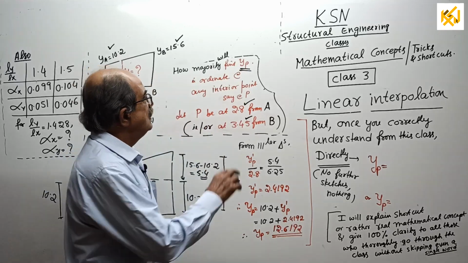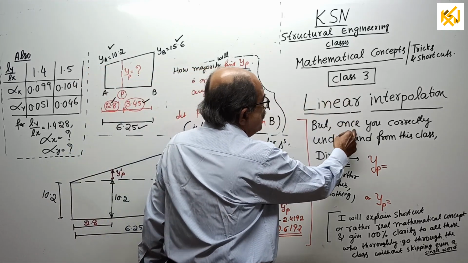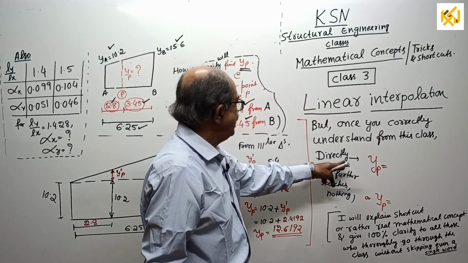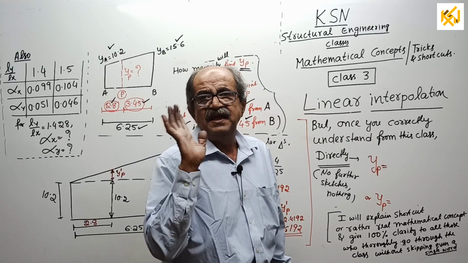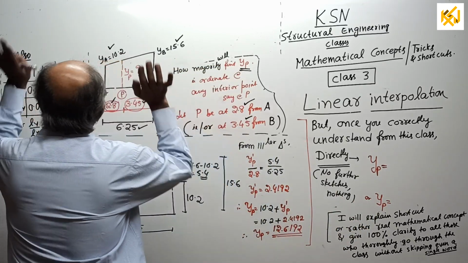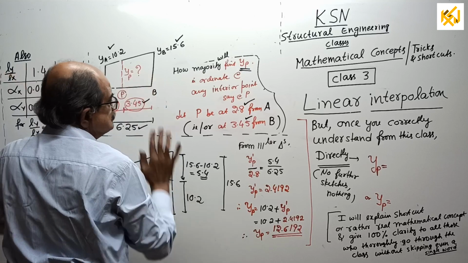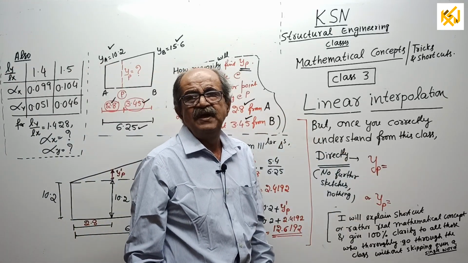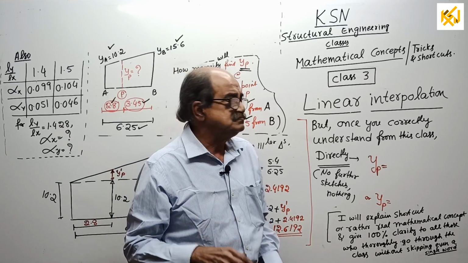Once you correctly understand from this class, then directly, there is no question of a diagram, only what you are seeing here. See here. Directly, I will write slowly here because speed I will show you later.